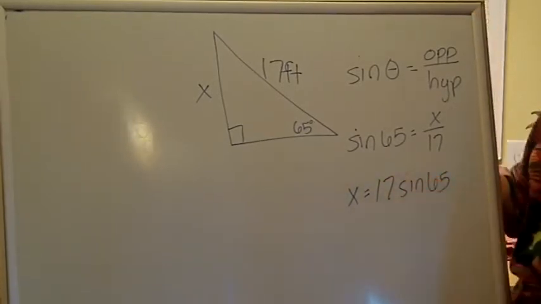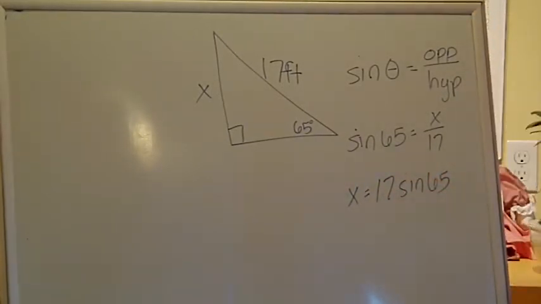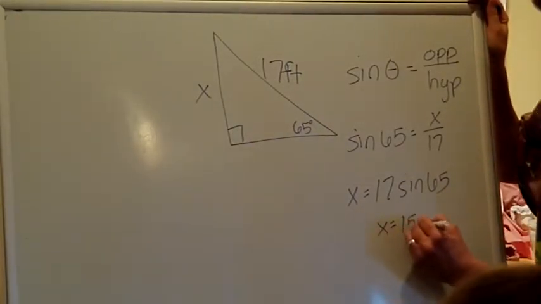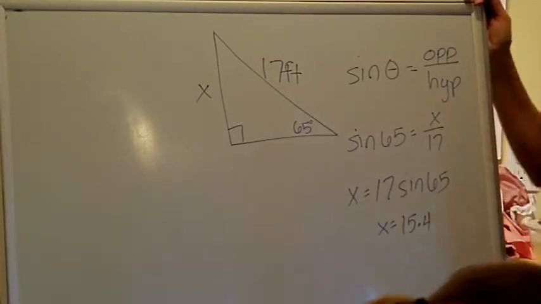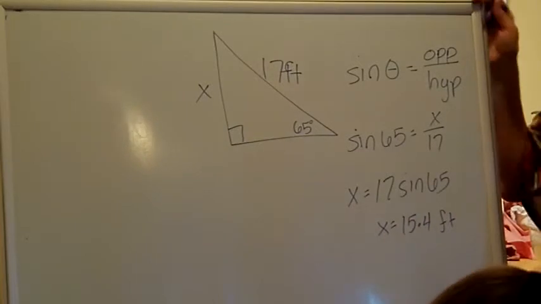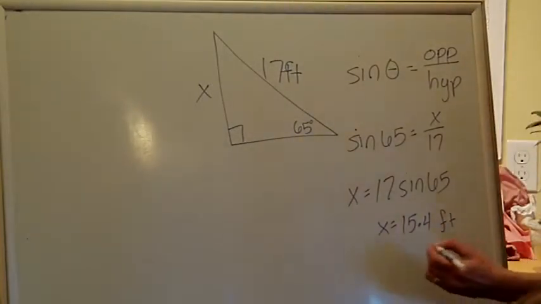In those TI calculators, you just type in 17 times sine 65 and you've got your answer. When I typed it in, I got 15.4. Do y'all agree? Have y'all typed it in? Which would be answer choice B.